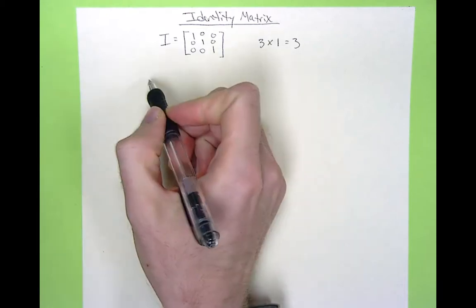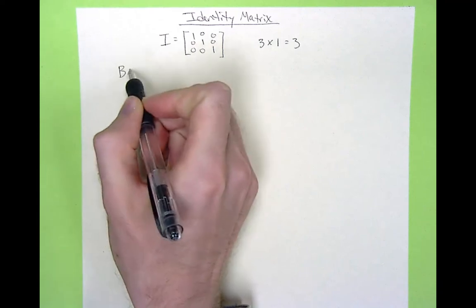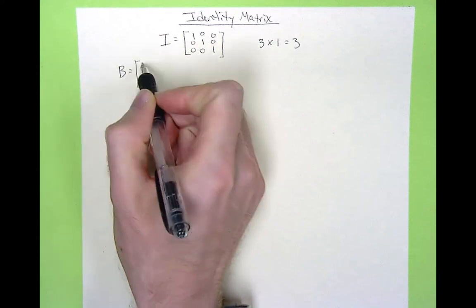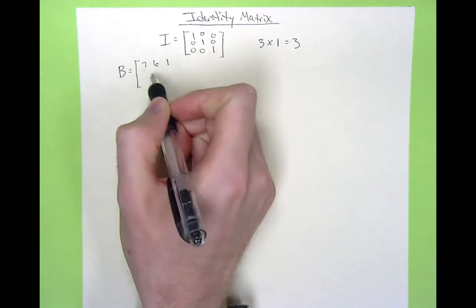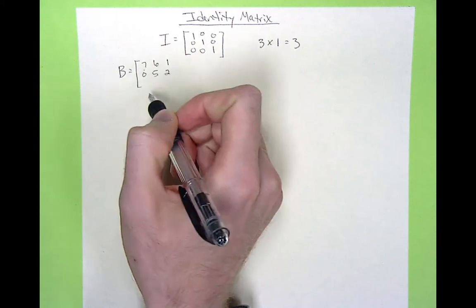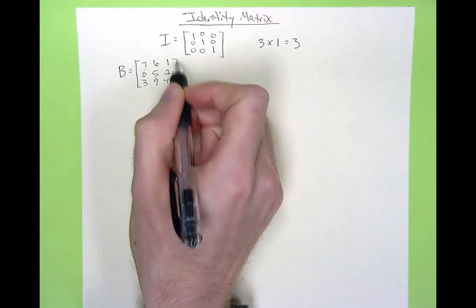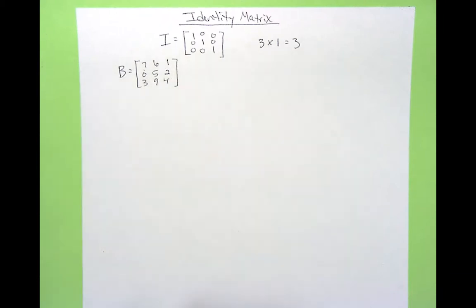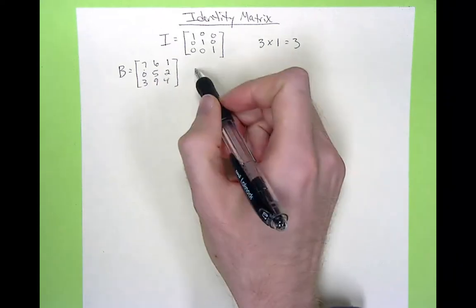Let's say we have matrix B is equal to 7, 6, 1 going across, 0, 5, 2, 3, 9, 4. Okay? So let's multiply B times the identity matrix.